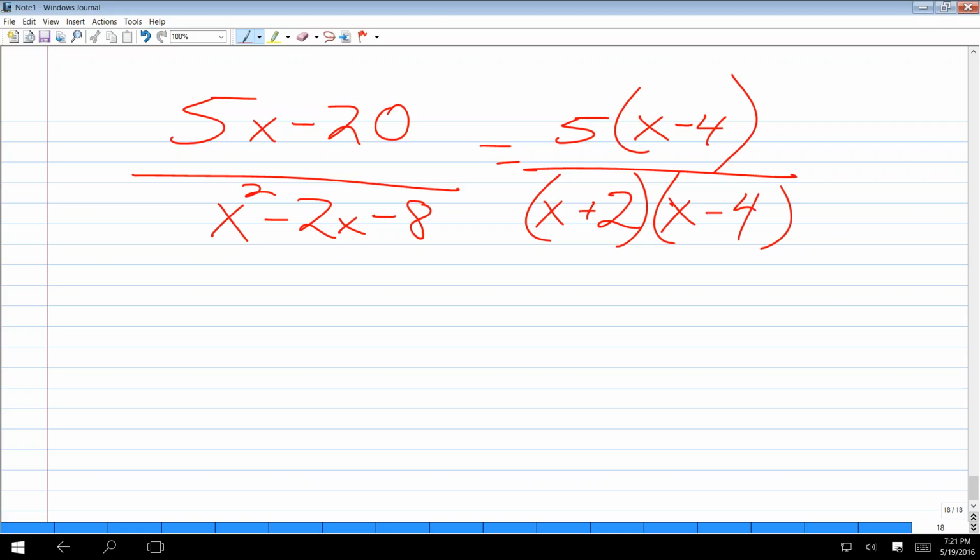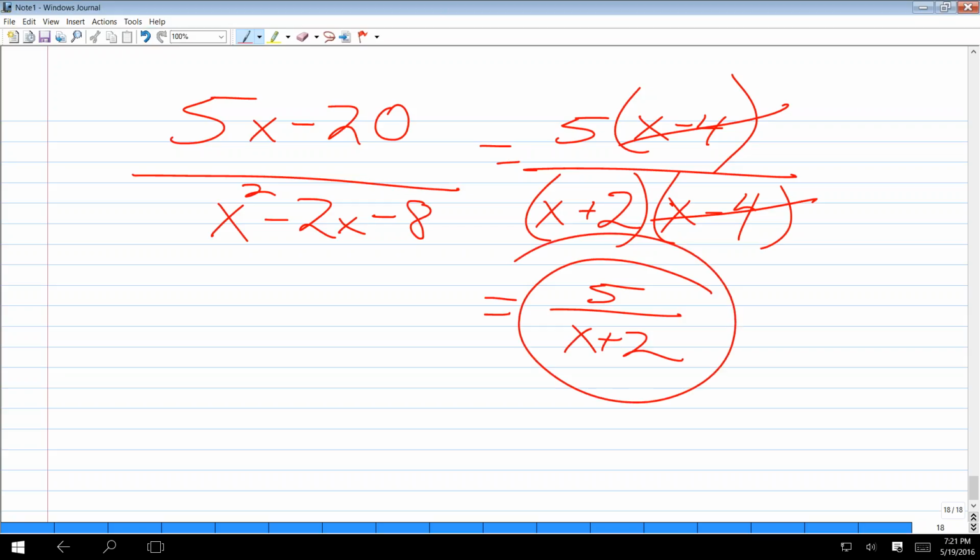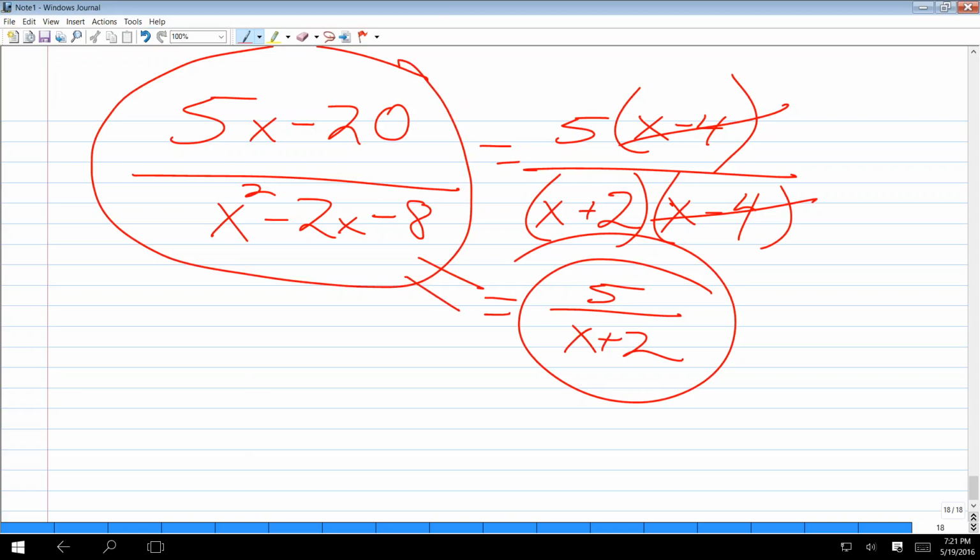Now what? The x minus 4's cancel out, that's 5 over x plus 2. Yeah. I'm kind of curious as to what they're going to say when you put that answer in. They said it's right. Really? Okay. Because there is a caveat. These two are not identical. Not really equal to that.